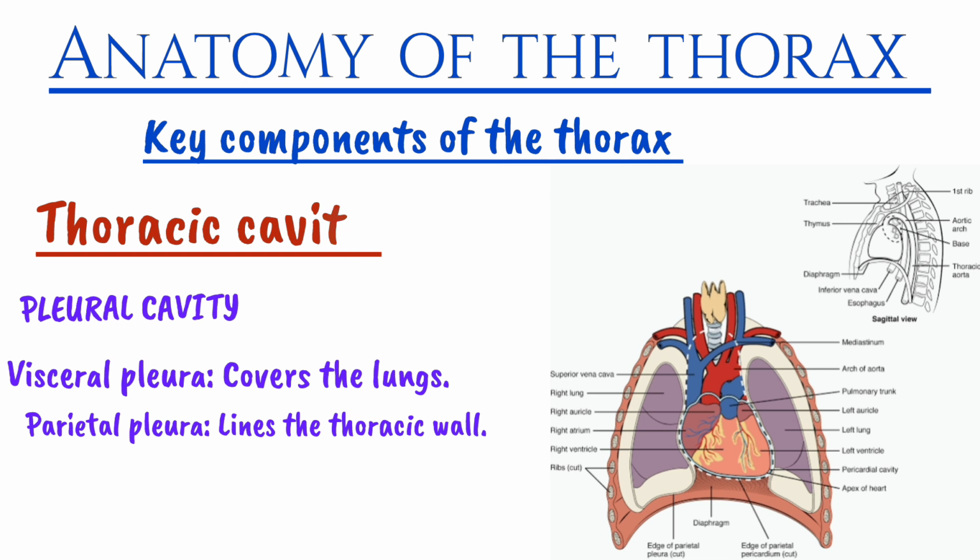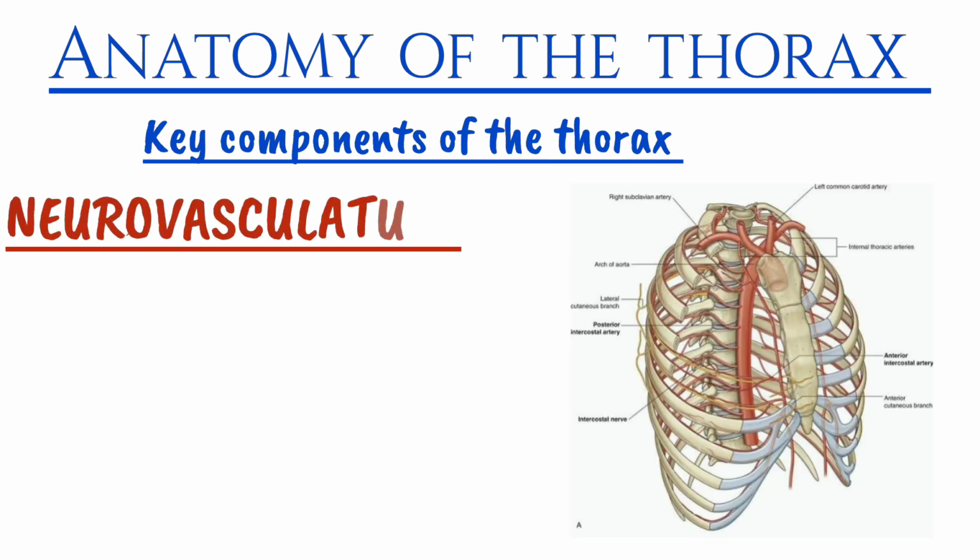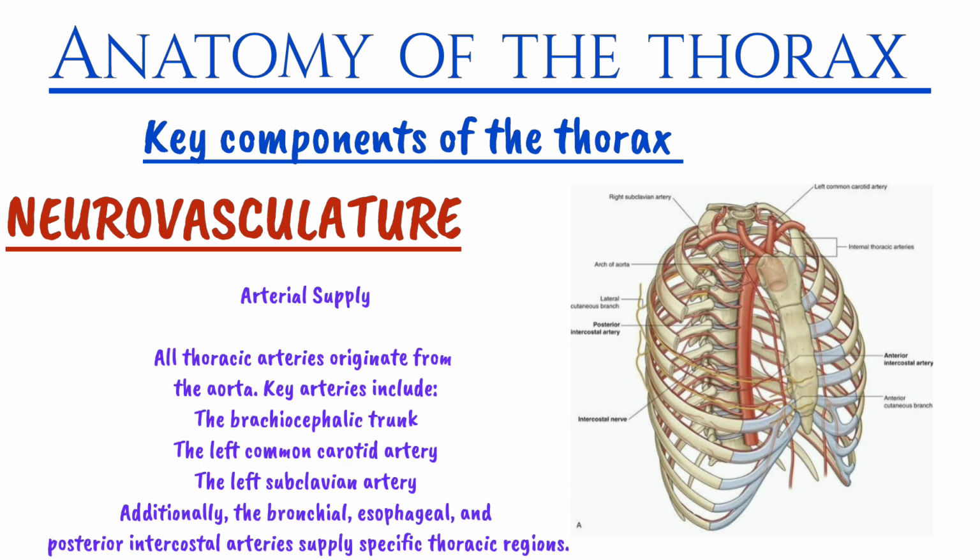Now let's talk about the neurovasculature of the thorax. The thorax houses a complex network of arteries, veins, and nerves that supplies its structures. So let's start with the arterial supply. All thoracic arteries originate from the aorta, and key arteries include the brachiocephalic trunk, the left common carotid artery, and the left subclavian artery.